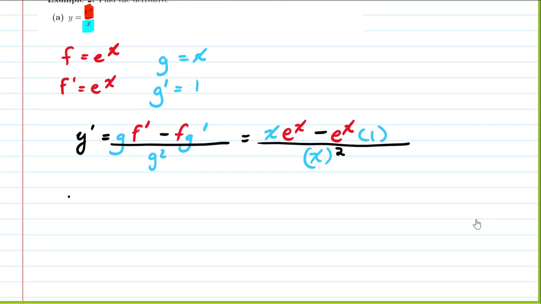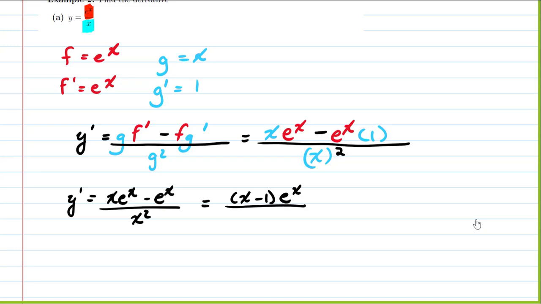So then, after all that, we get y prime is equal to x e to the x minus e to the x all over x squared. And if we really wish, we can factor out our e to the x all over x squared. All right, and that would be our derivative.